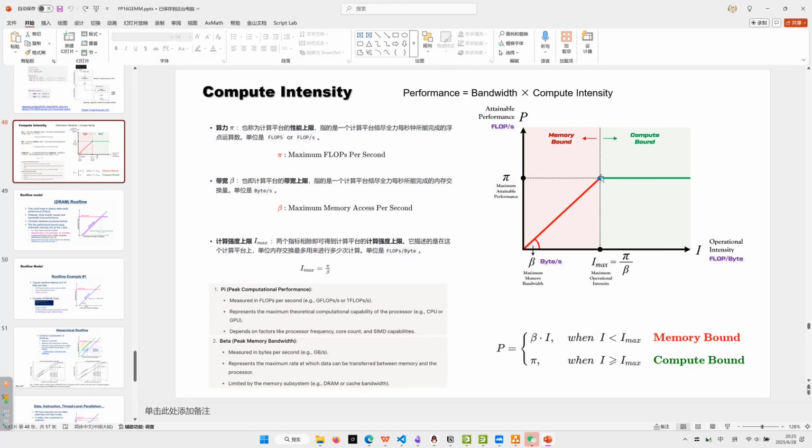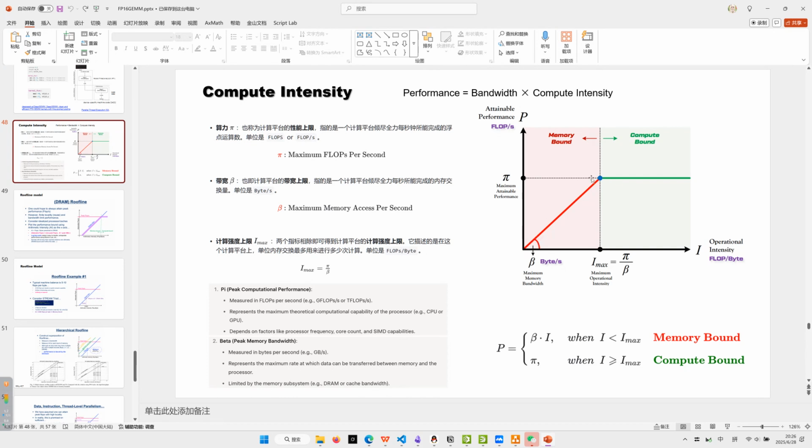And this point will be the Imax, that is the optimal compute intensity. And since the performance equals the bandwidth times compute intensity, when the performance is divided by compute intensity, that will be the bandwidth, that is the beta here.